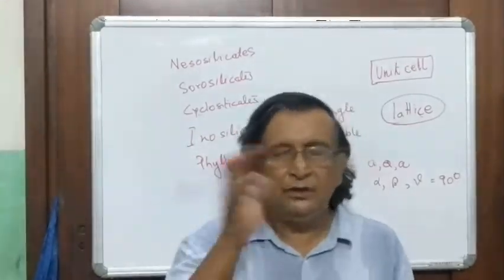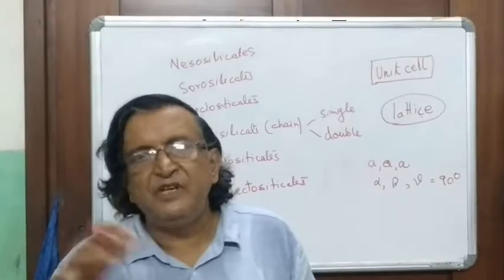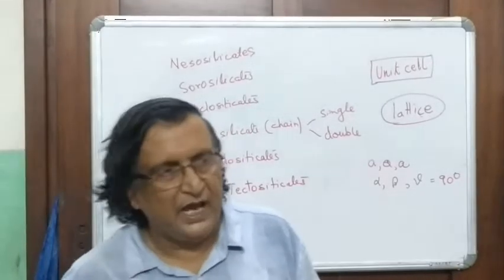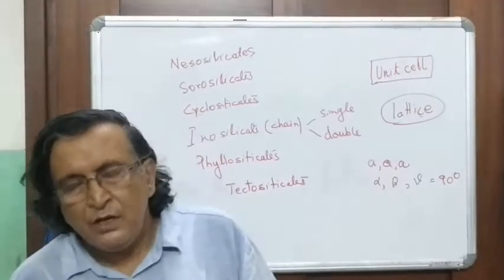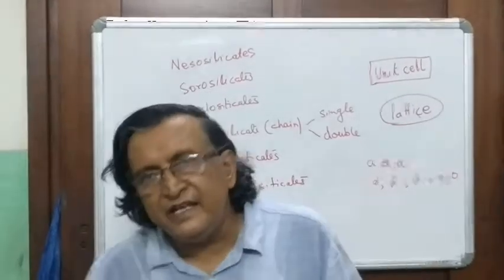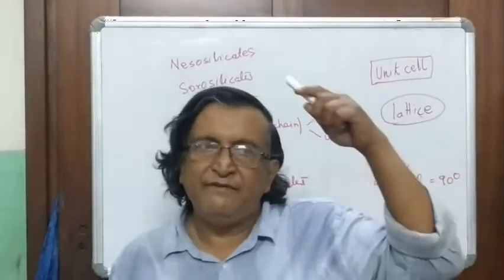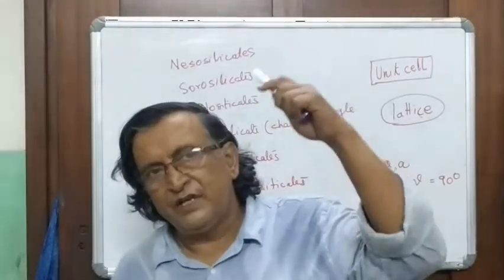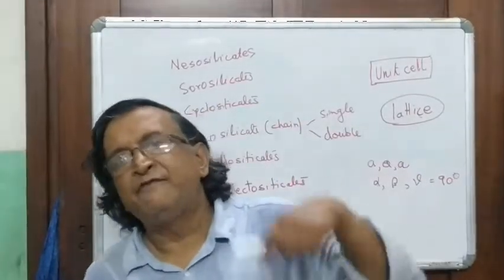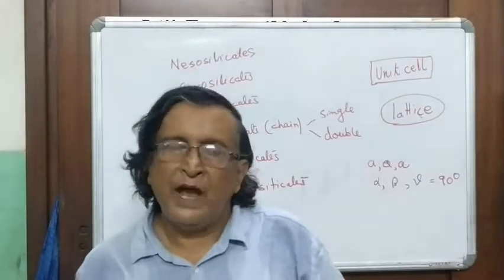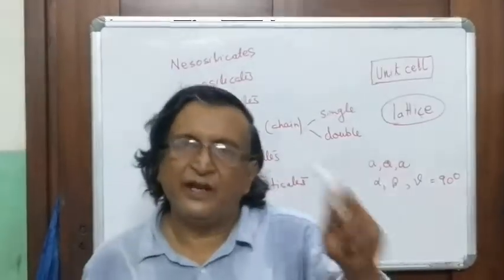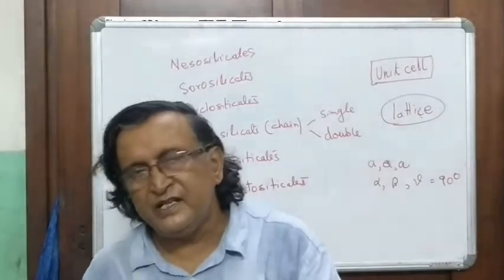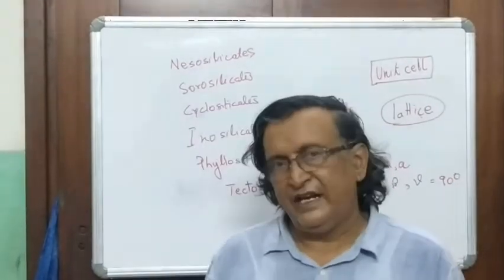But all the angles, alpha, beta, gamma, between the three axes are 90 degrees. But for the triclinic system it is different. So you have the isometric system, the tetragonal system, the orthorhombic system, the hexagonal system, the trigonal system, the monoclinic system, and the triclinic system.